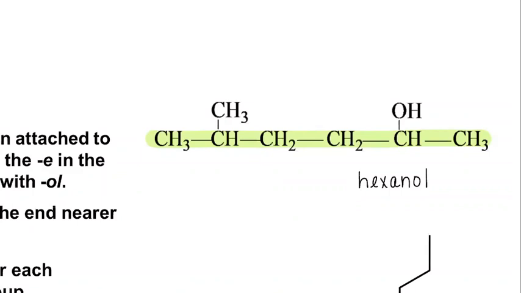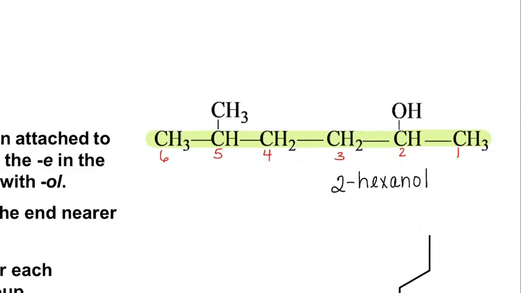So for this, we're going to do 1, 2, 3, 4, 5, 6. Now, for alcohols, we need to number the carbon that is holding the OH, okay? Which in this case is going to be carbon number 2. So the 2 in front of hexanol lets me know where the OH is sitting. In this molecule, we have 1 substituent.